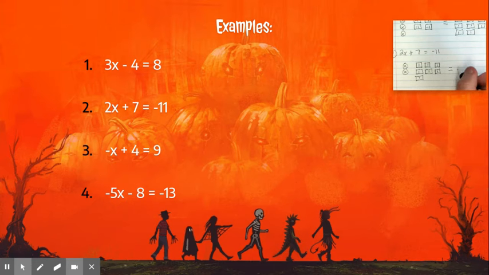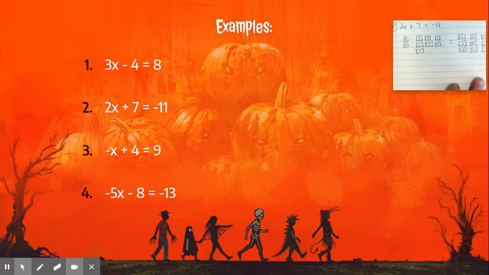And that's going to be equal to -11. So we're going to do 1, 2, 3, 4, 5, 6, 7, 8, 9, 10, 11, and these are all negative. And that's all we have to do.